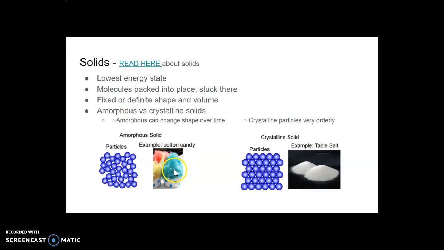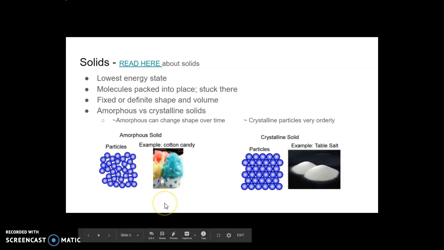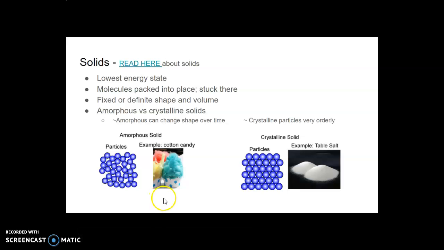If you just leave the cotton candy alone, it will keep its shape, but of course you can bend it. Another example would be the rubber in a tire, or actually glass, like windows can change shape over time. Over time, the bottom of the window will be actually thicker compared to the top due to gravity. However, with crystalline solids, the particles are very orderly, and the result is an actual crystal. Okay.